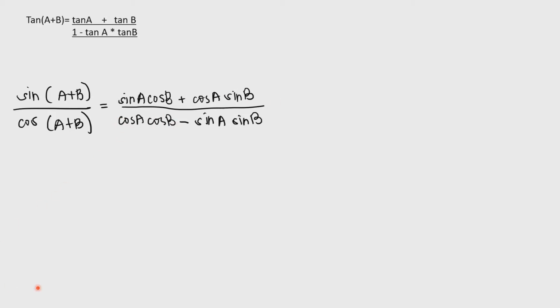But we're not just gonna divide it right away. We're just gonna do rationalization, or let's say we're just gonna put a magic 1. Our magic 1 would be 1 over cosine A times cosine B over 1 over cosine A times cosine B.